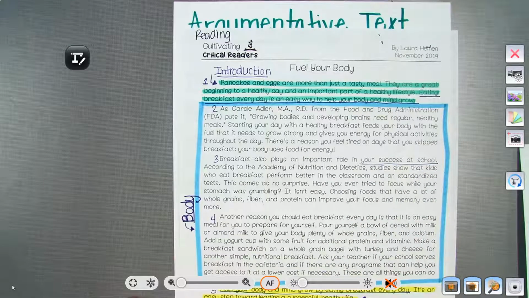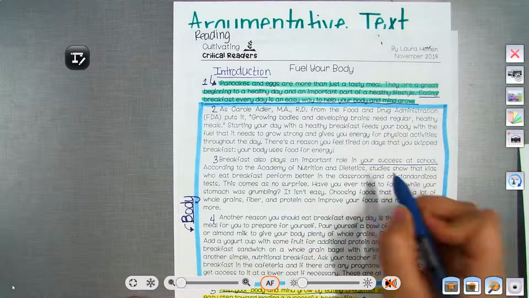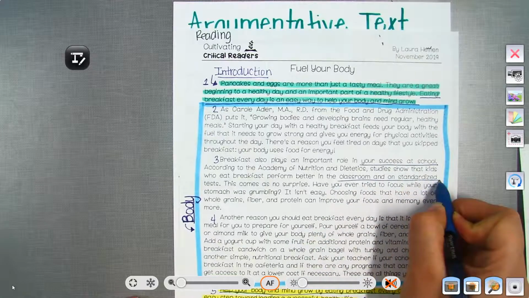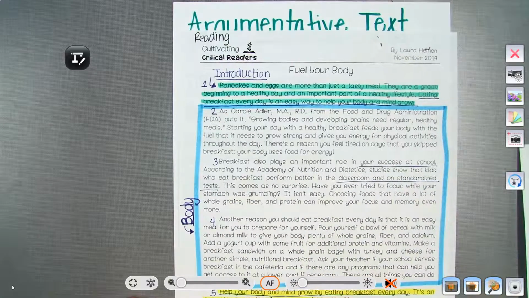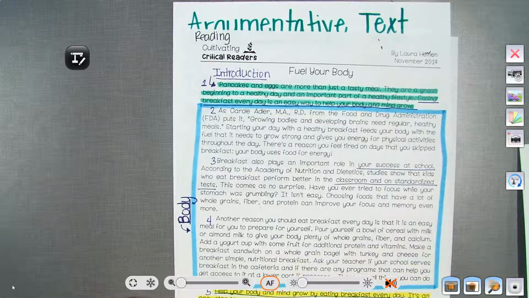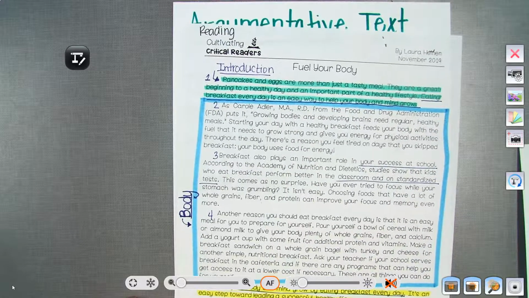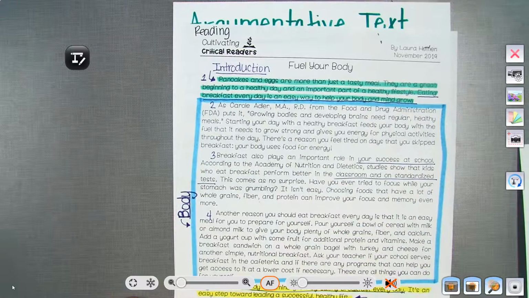So that right there tells me that he's talking to kids because it's talking about classrooms and standardized tests. So adults don't do that. Okay, yeah, adults do go to school, but they're not really having to take standardized tests.